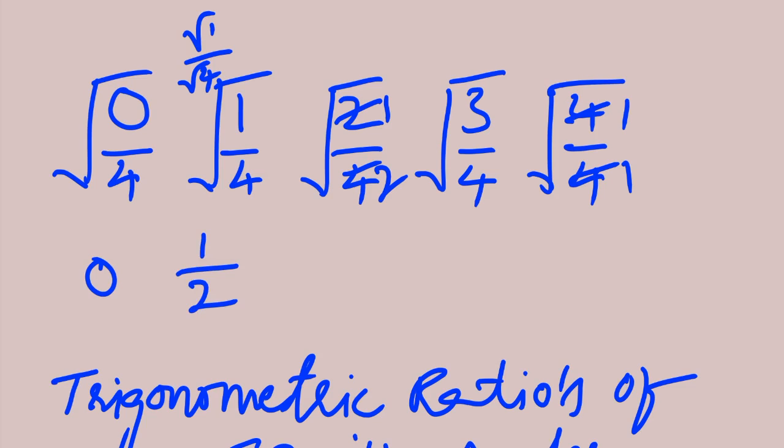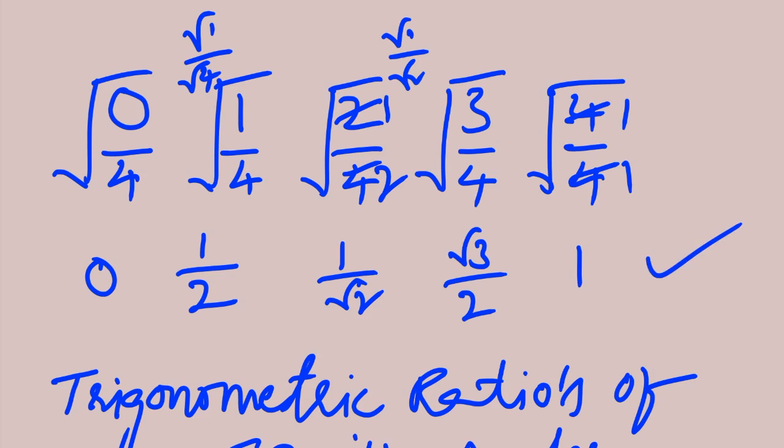And coming to here finally we are getting root 1 by root 2. So root 1 value is 1, but here root 2 we can directly write it. There is no need to write root 2 in decimal, so 1 by root 2. Now here root 3 by root 4, that is root 4 value 2 again, and here 1 by 1 is 1, root 1 value is 1. Finally these are the values we are getting.